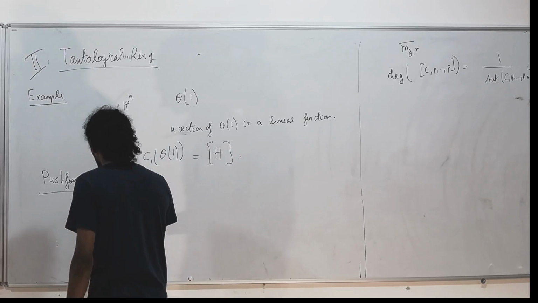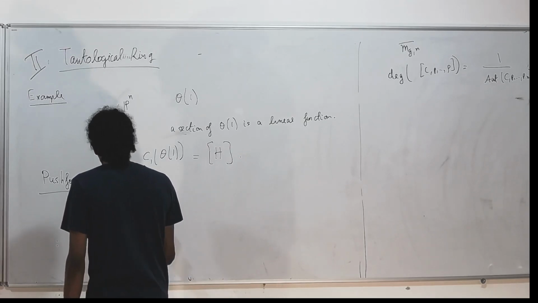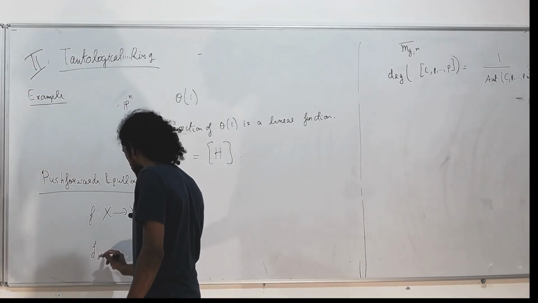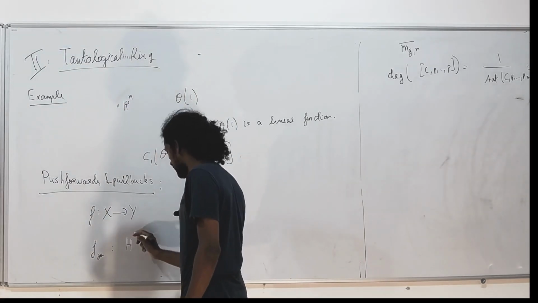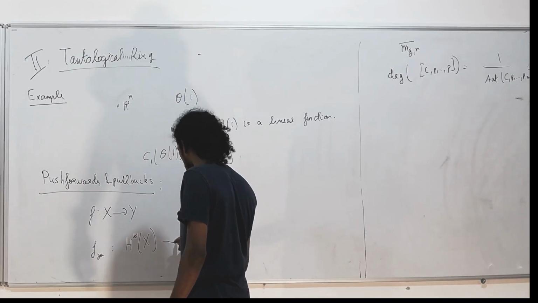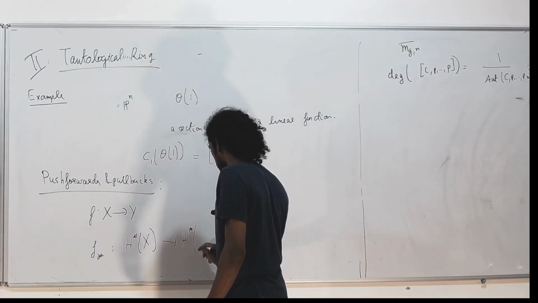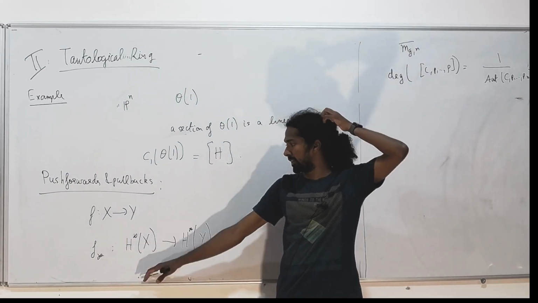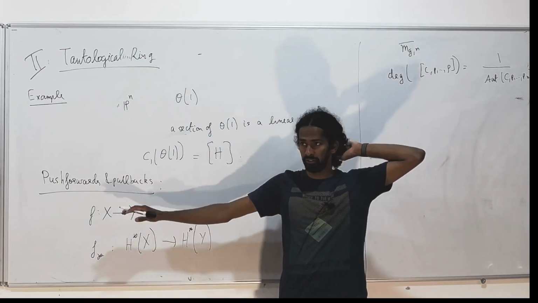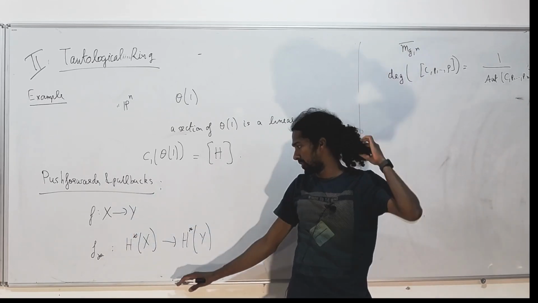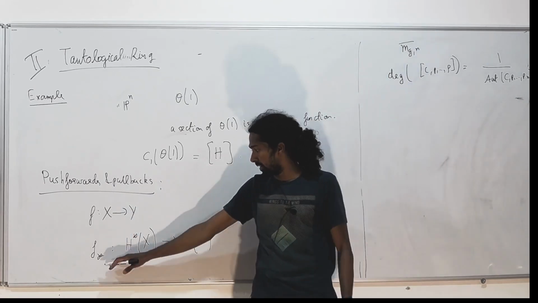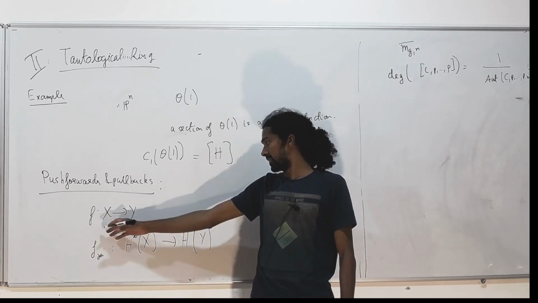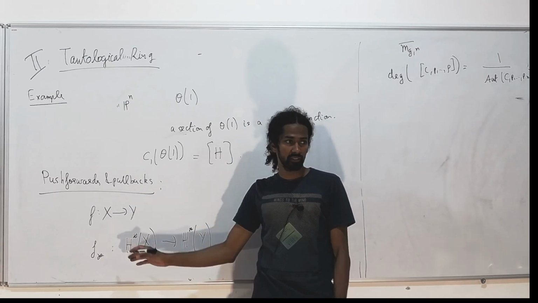So if f is a map from X to Y, you're able to push forward homology classes from X to Y. If you think about cohomology as given by differential forms, this is like integrating along the fibers of this map. And on the Poincaré dual side, it's just the dual class of the image of X in Y. So that's push forward.